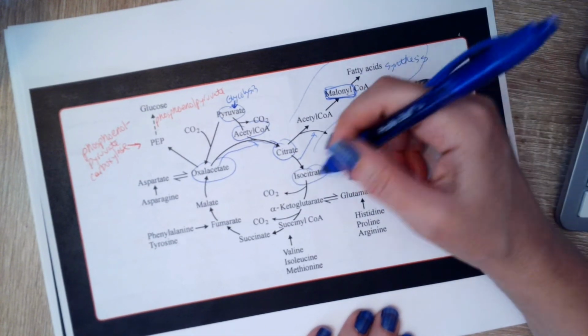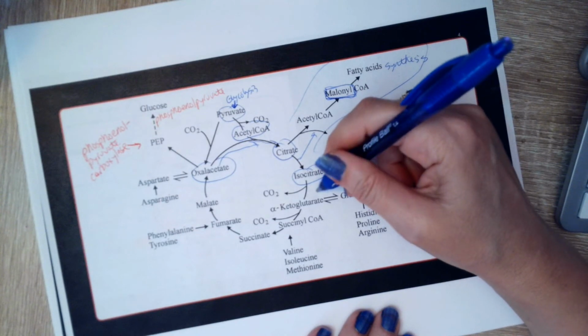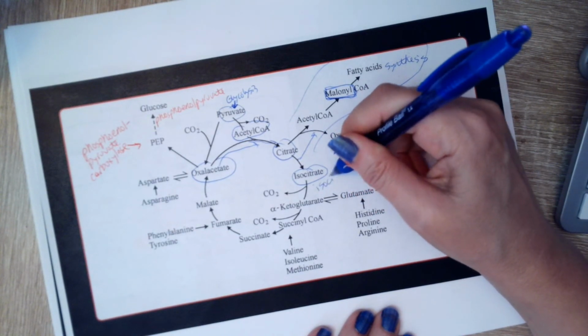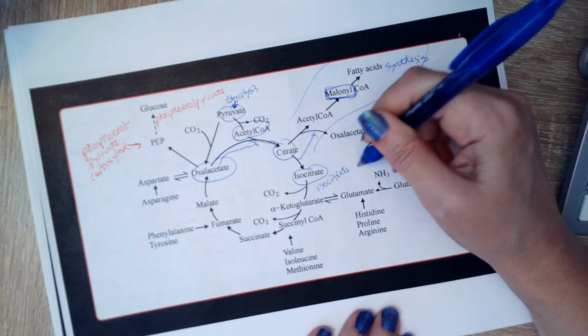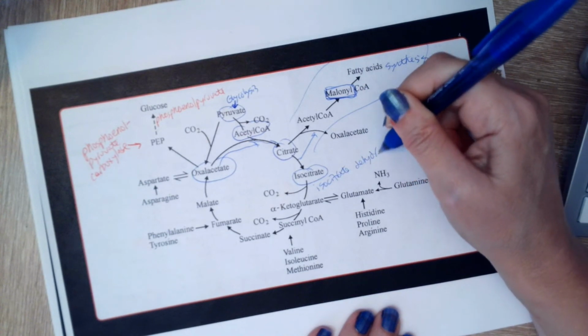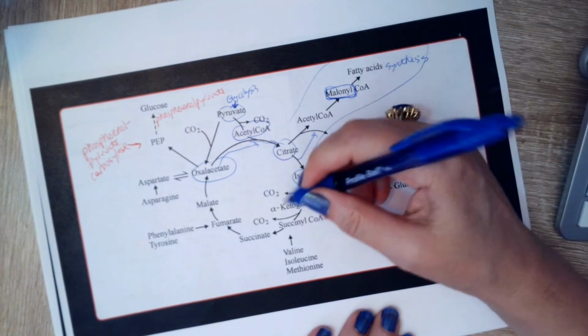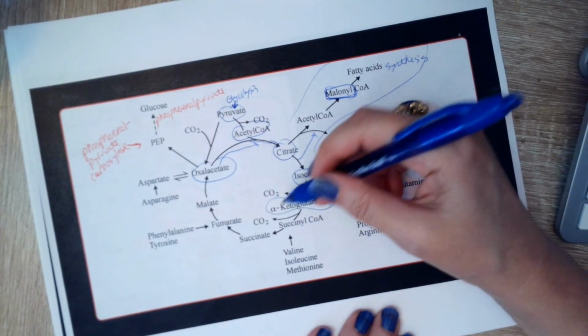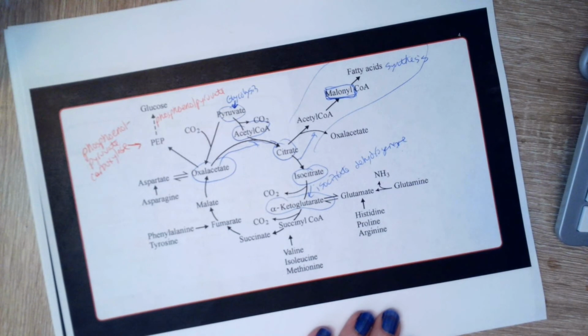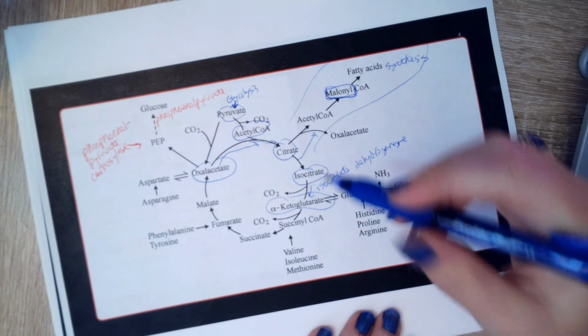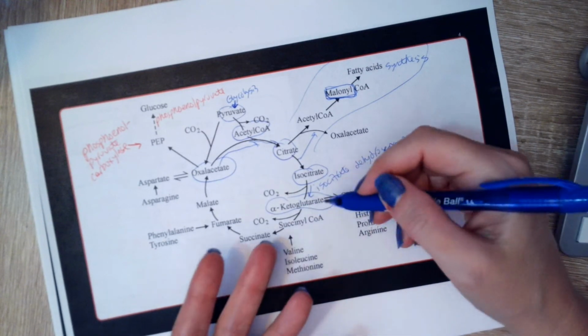Here we go with isocitrate, and this here would be isocitrate dehydrogenase, would be the enzyme that takes us on to the next step. Alpha ketoglutarate. The name keto acid makes you think of proteins and an amino acid essentially.